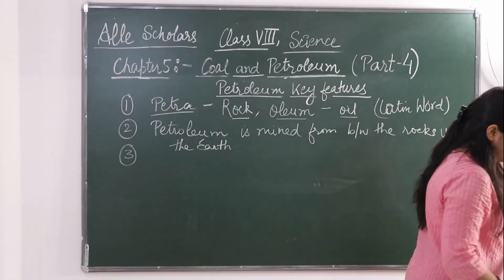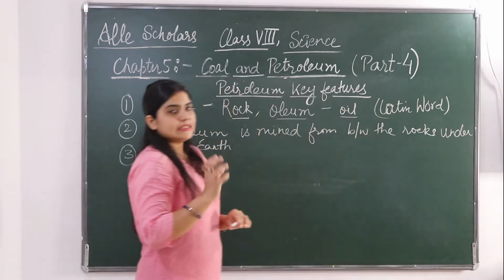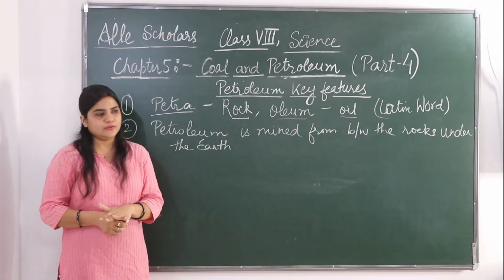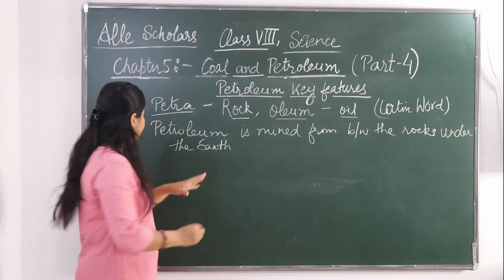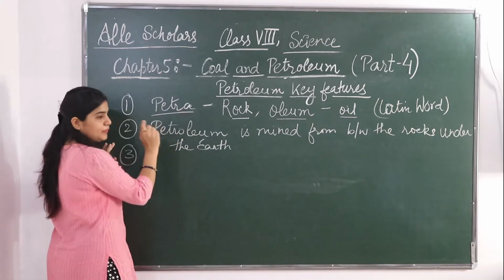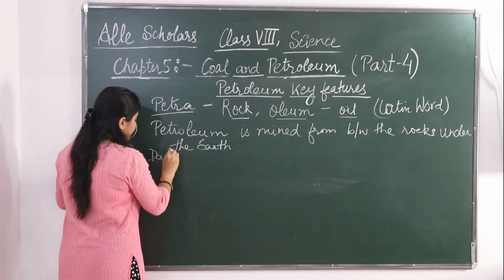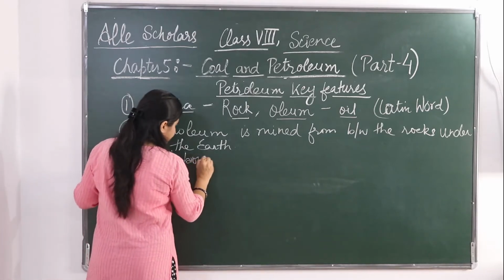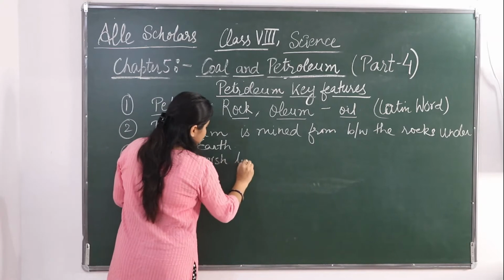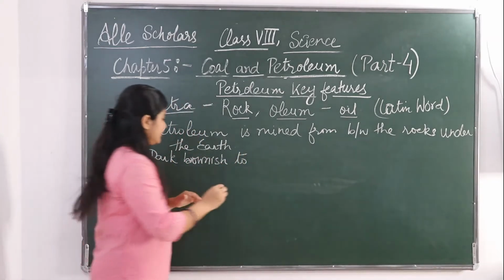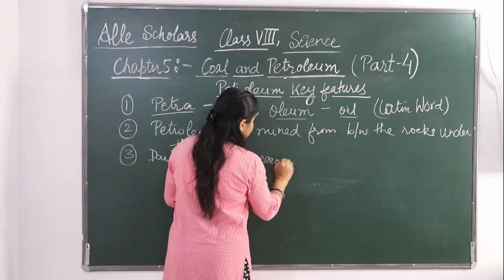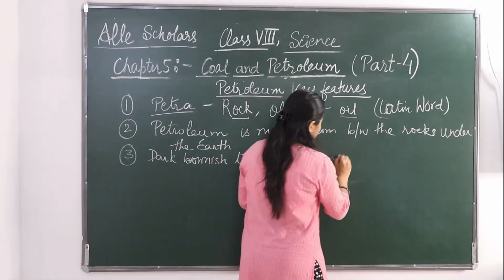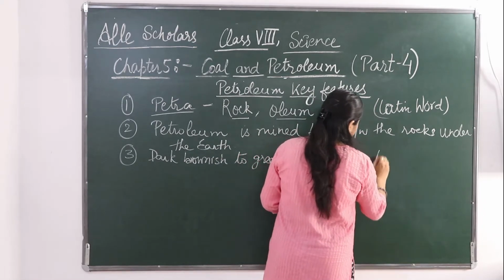So petroleum is a dark brownish to green colored viscous liquid. What is the color of petroleum? Dark brownish to green color.